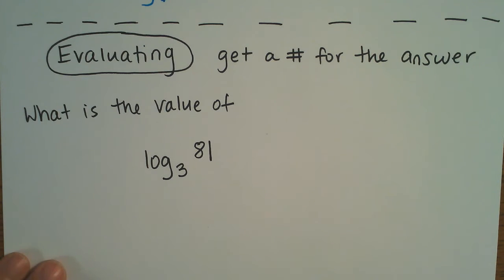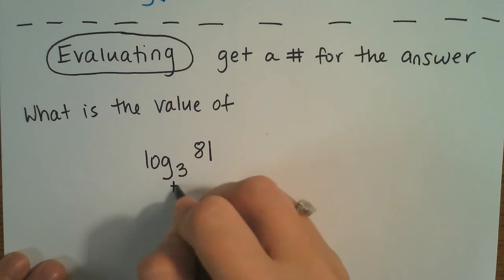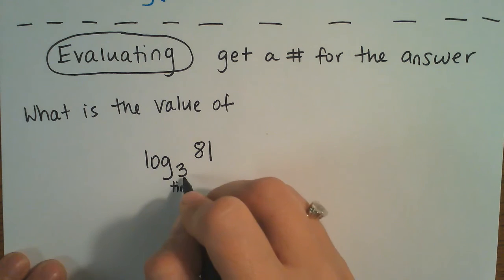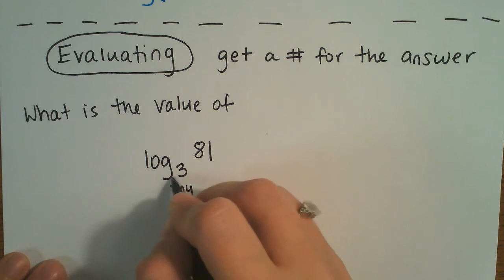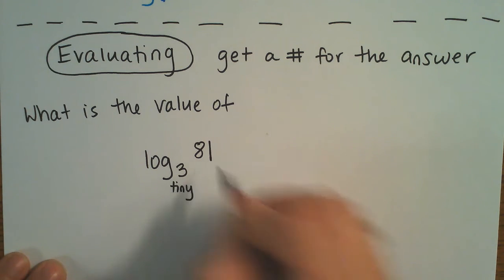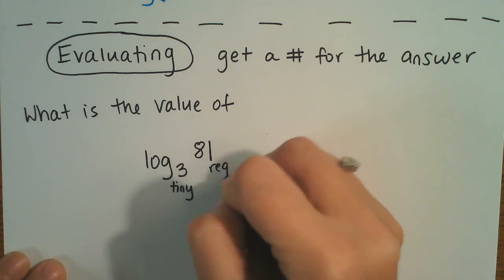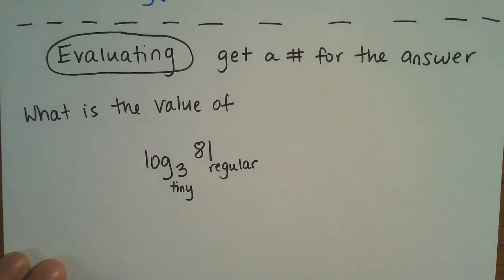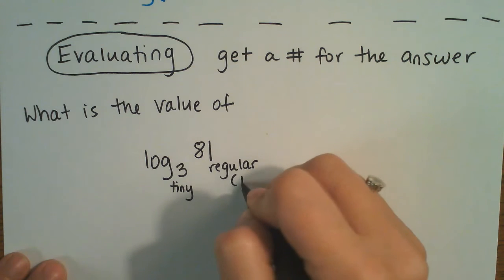Like 381? No, it's not 381. This is a tiny 3, off the base of the log, and then the 81 is regular size. Or we might call it tall.